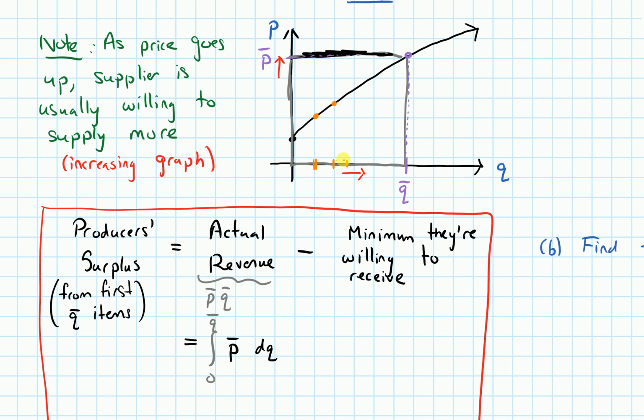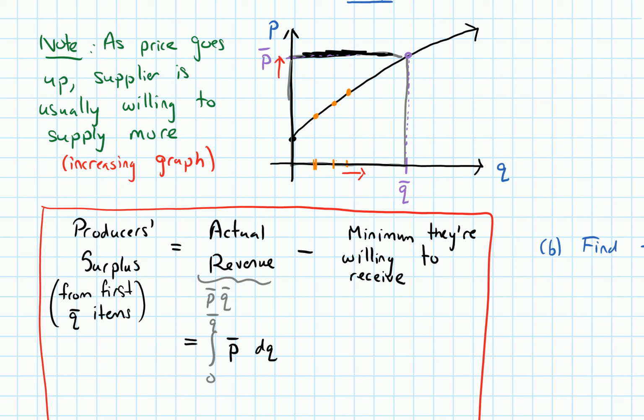For any particular quantity on the Q axis, the supplier would need to see at least this price to be happy. So I need to consider all of these values that the supplier would have been okay with receiving up until I get to Q bar items.